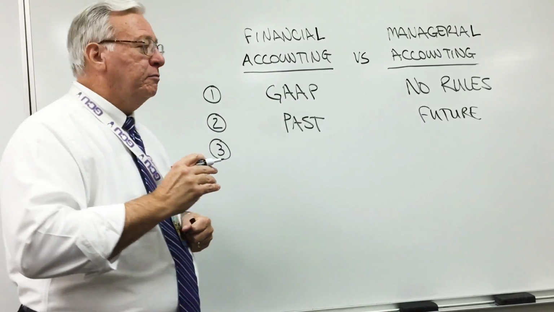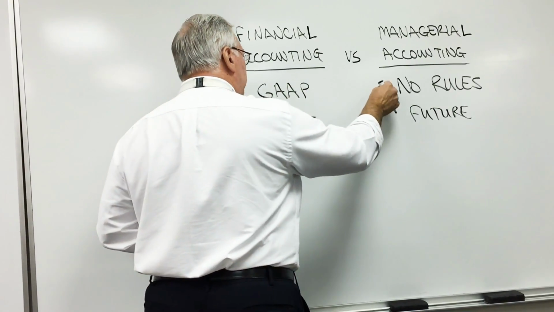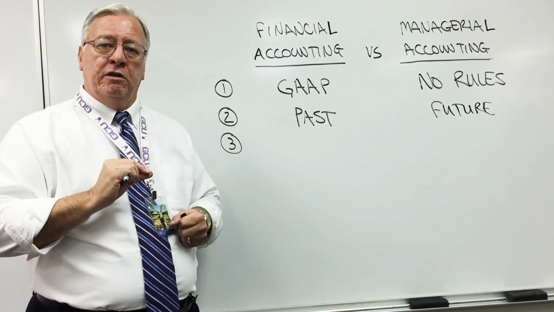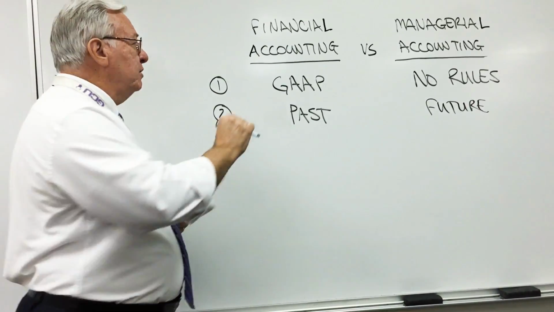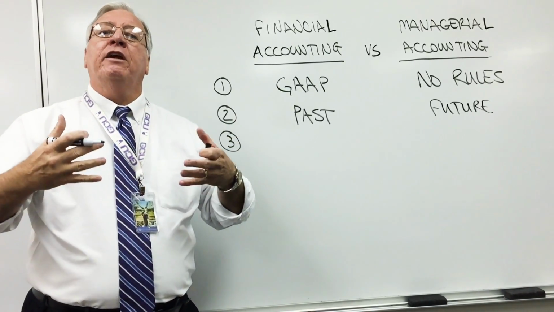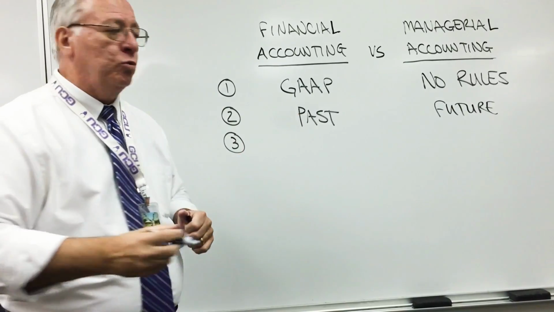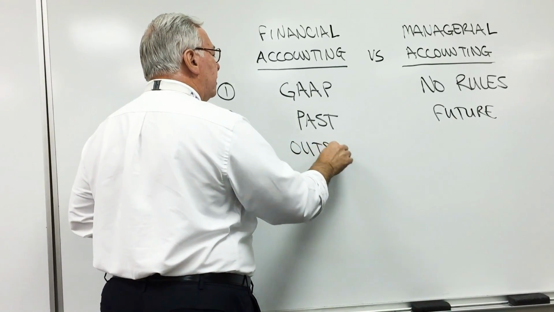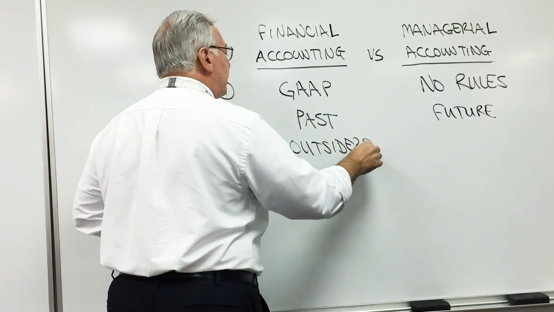The third thing is, part of the reason why it's not important that there aren't any rules is who uses this information. As I mentioned, financial accounting is the preparation of financial statements that are going to be published and given to the world. The people that use this information are people that are outside the company.